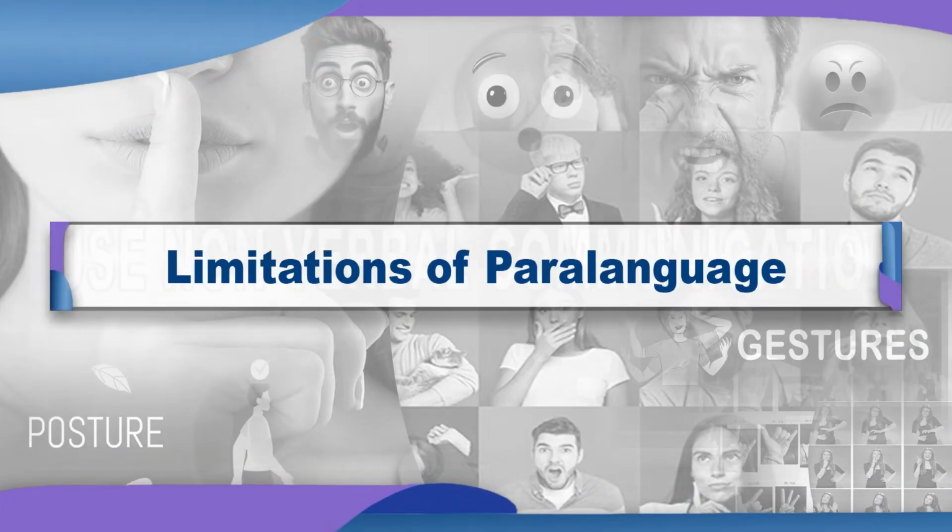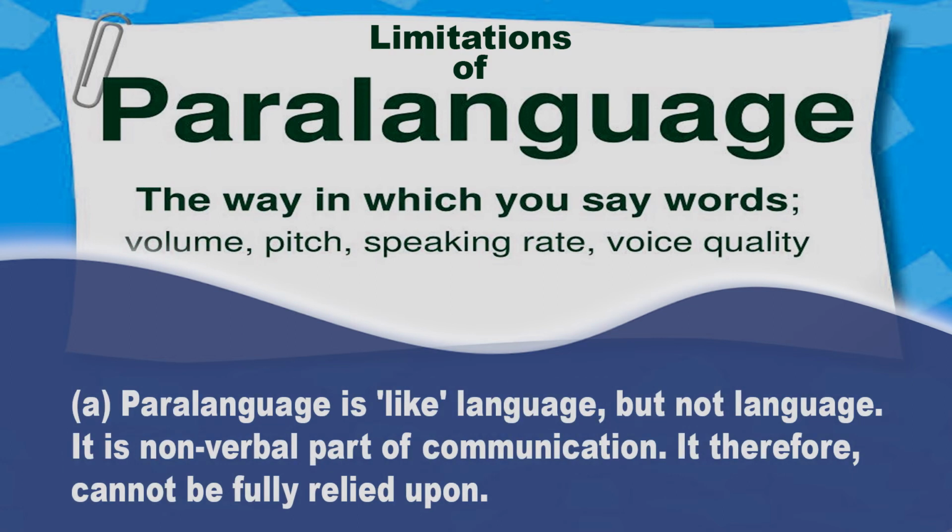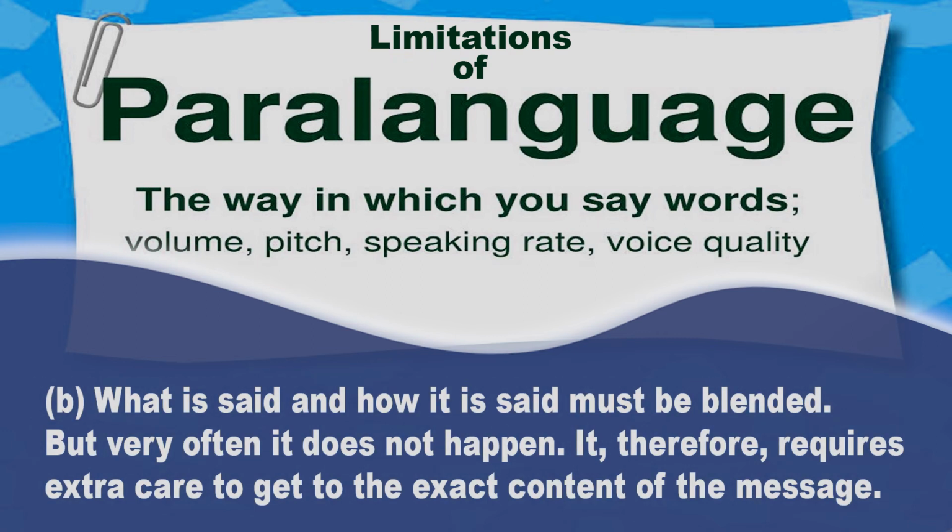Limitations of paralanguage. Paralanguage is like language but not a language. It is a non-verbal part of communication. It therefore cannot be fully relied upon. What is said and how it is said must be blended, but very often it does not happen. It therefore requires extra care to get to the exact content of the message.